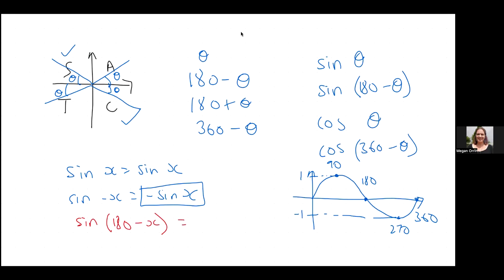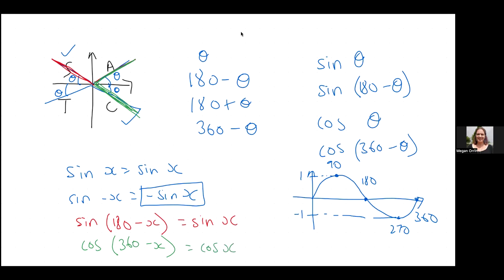Where is my equivalent value? It's the original one, isn't it? So this actually equals sine x, because these are the same value. What if I said cosine of, let's say, 360 minus x? I am talking about this one. Which other quadrant am I allowed to be in? A, right? So what is that going to equal? Cosine of x.